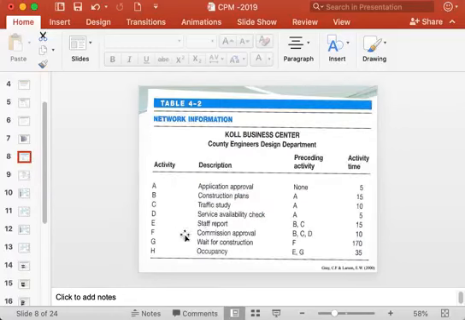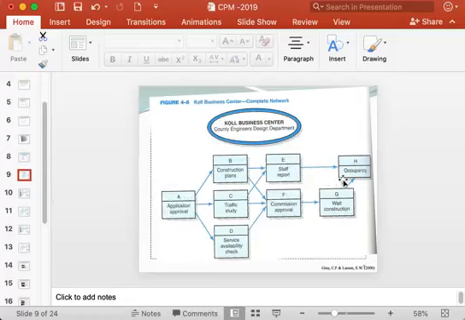Okay, then activity G, the preceding activity for G is F, only one activity. You can see activity G here is preceded by activity F here.